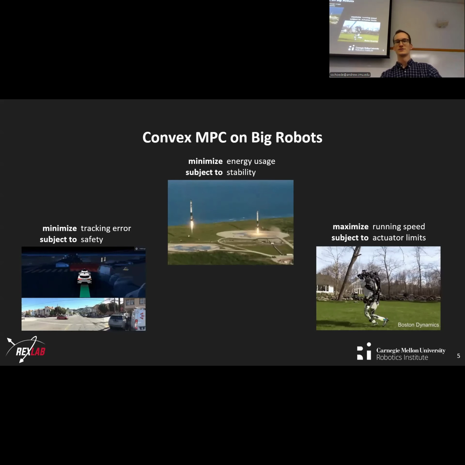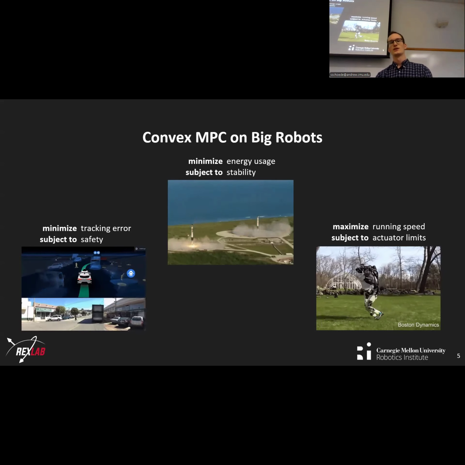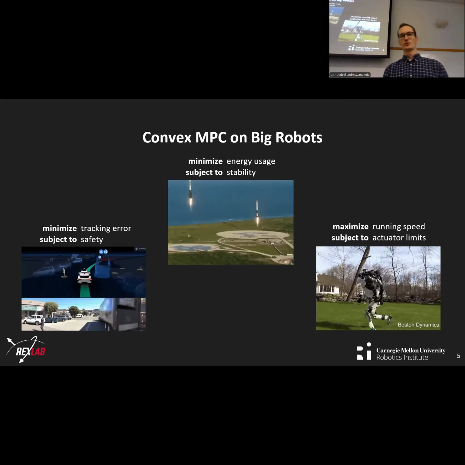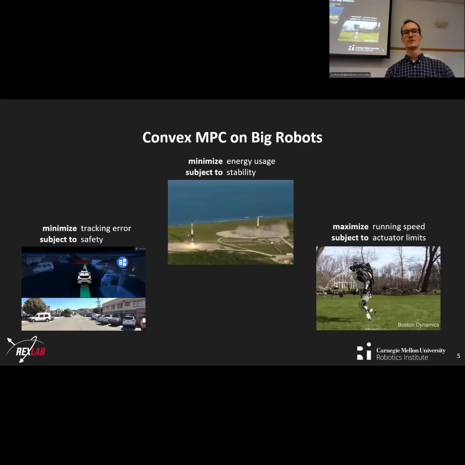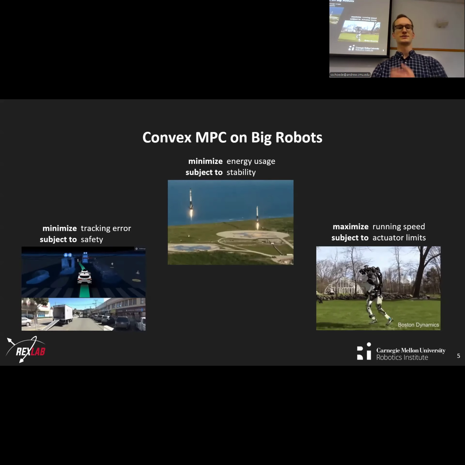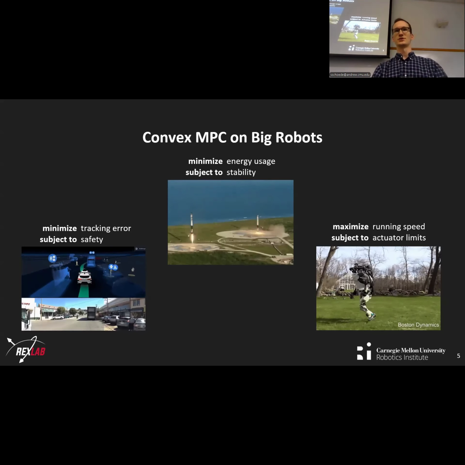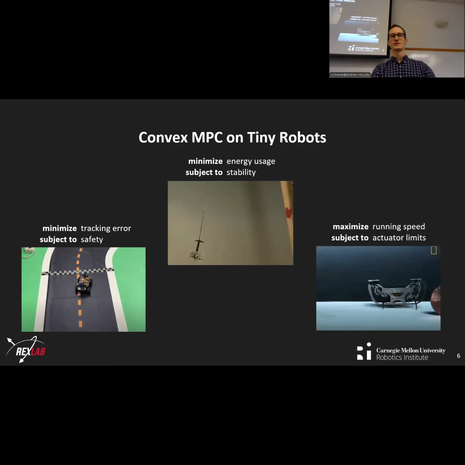But there's something that all of these robots on the screen have in common, and that is that they're very large. And that means that they're capable of carrying big computers, large computers that are powerful enough to solve these problems online at real-time rates, and also have enough memory to store the problem in the first place. And that's not something that can be said for tiny robots.